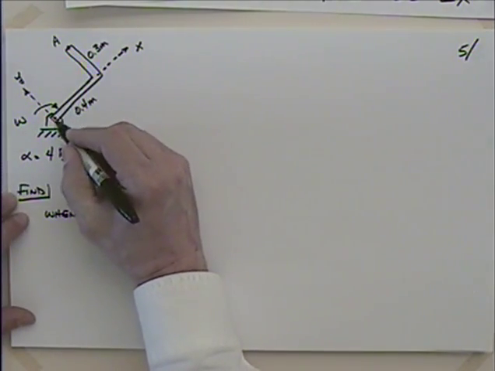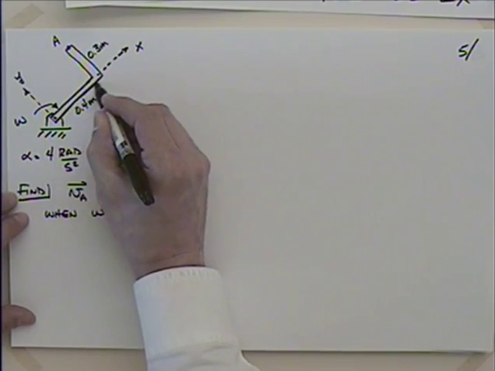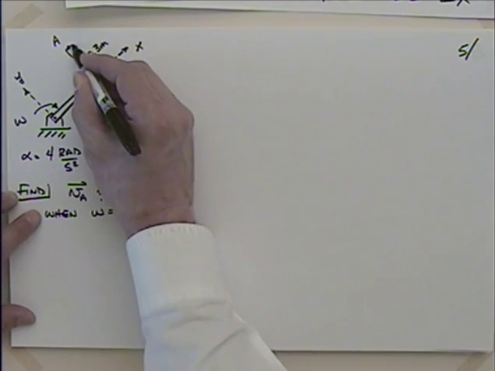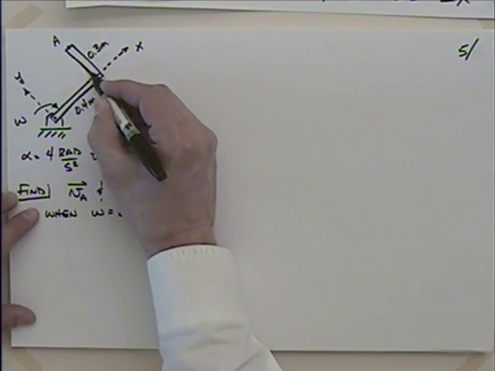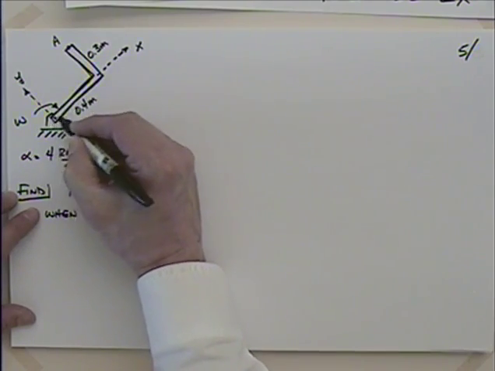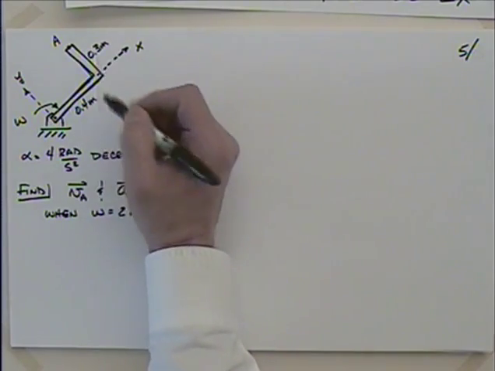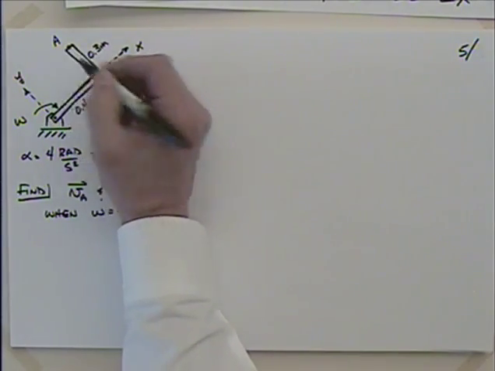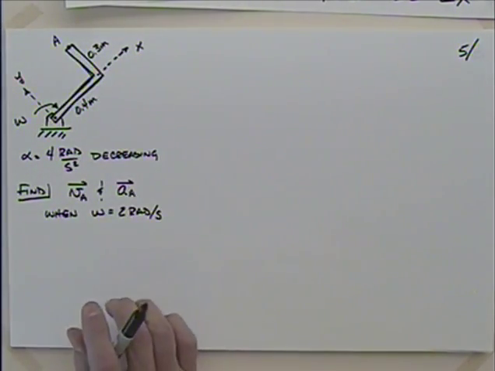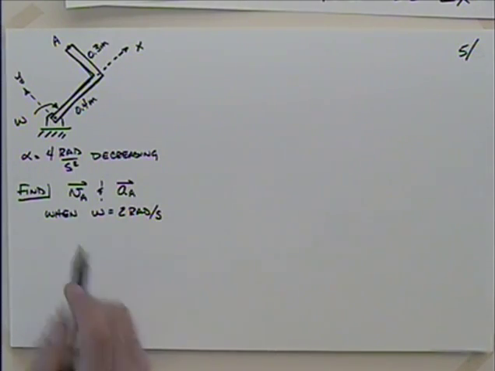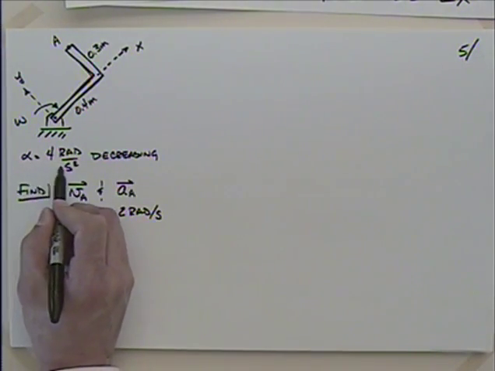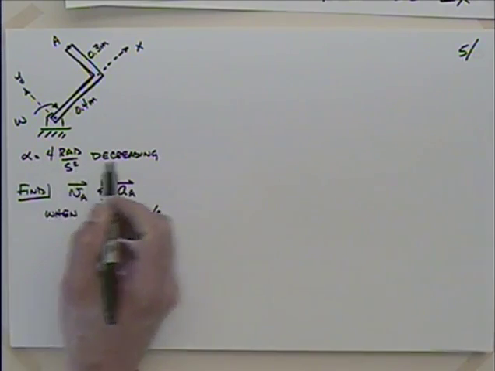I have some sort of a framing square or something that's rotating about a point. I don't know why you'd do that, but anyway, you've got a point there and it's rotating. So you've got 0.4 meters here, 0.3 meters there, and this point A out here. We've shown the x and y coordinates. I've shown omega. We've got alpha equal to 4 radians per second squared, and it's decreasing.